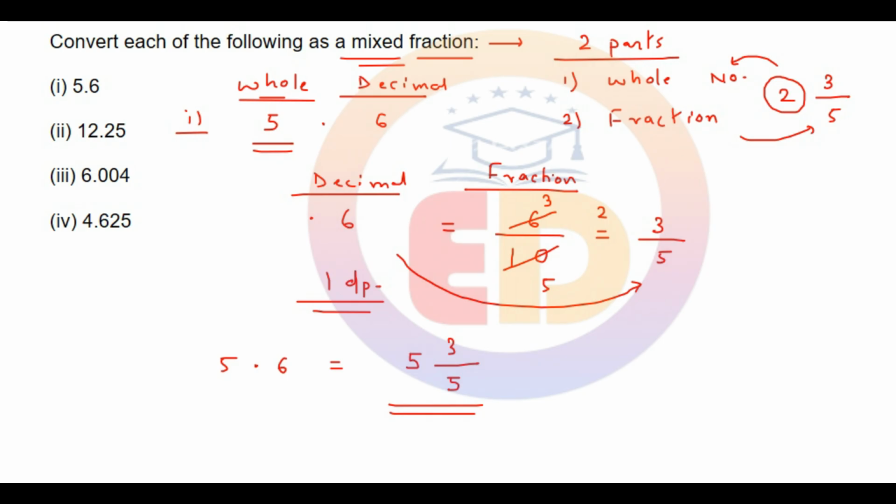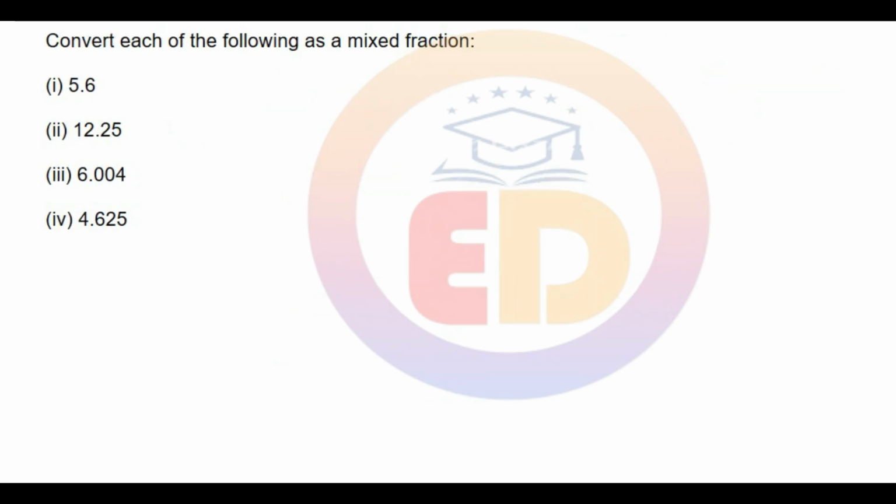Next example, convert each of the following as a mixed fraction. 12.25. Here 12 is the whole number part. 0.25 is the decimal part. Now keep the whole number part as it is. Let's work out the decimal part.